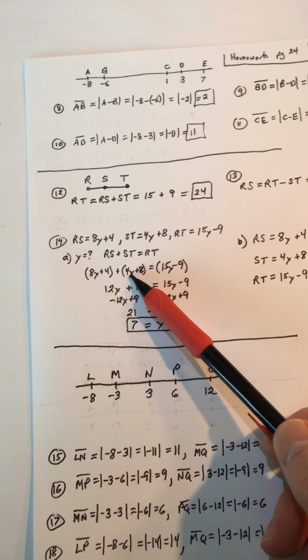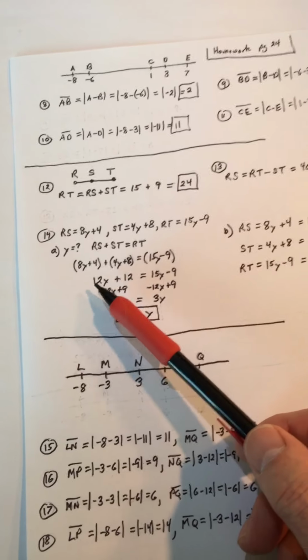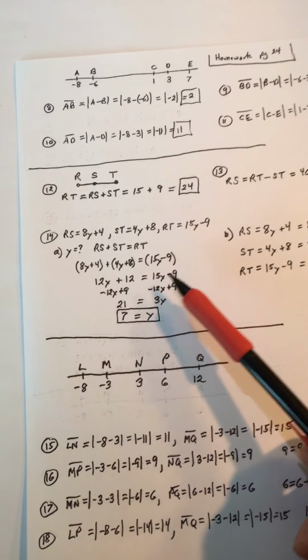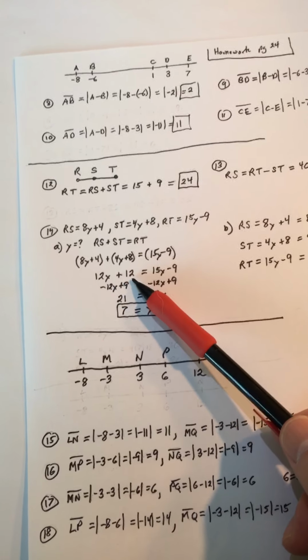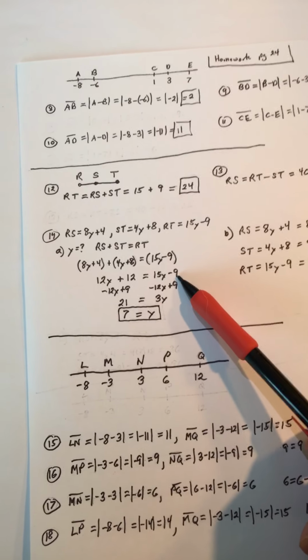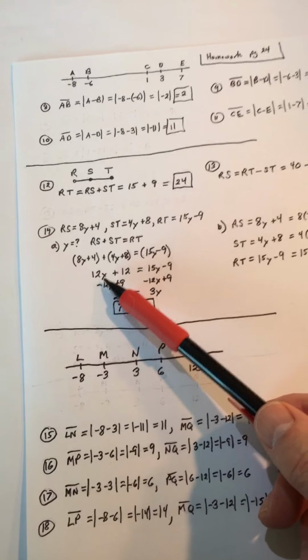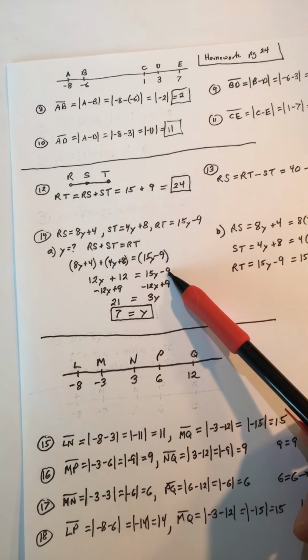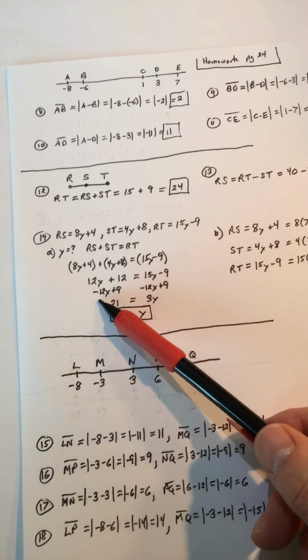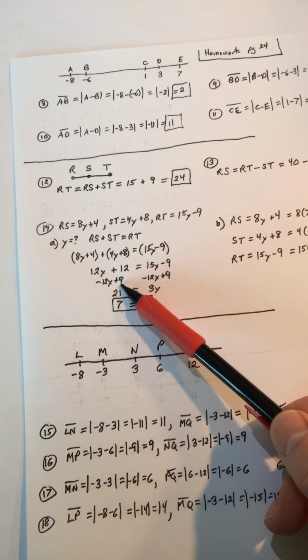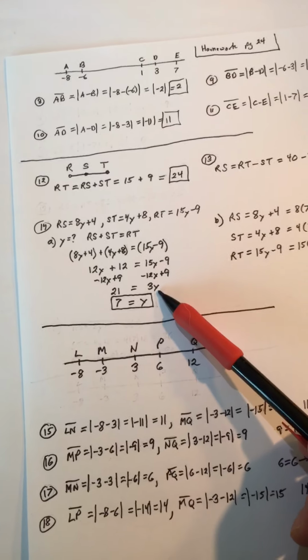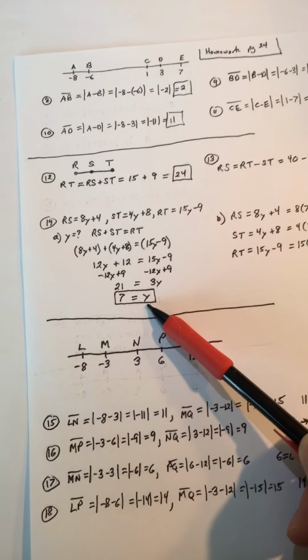So I just substitute the equations in there, and then I solve, combining the y's and the regular numbers. So I have 12y plus 12 is equal to 15y minus 9. Then I simplify by taking the y's off of this side and taking the number off of that side. So I subtract 12y plus 9 from both sides of the equation. 21 is equal to 3y, or y is equal to 7.